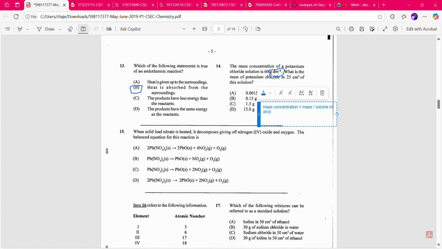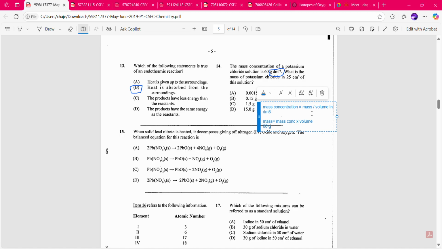Alright, so we need to find the mass of potassium chloride. So we're just gonna simply transpose the equation. It's gonna become mass is equal to, to get rid of volume, we're going to multiply. So mass is equal to mass concentration times volume, right?